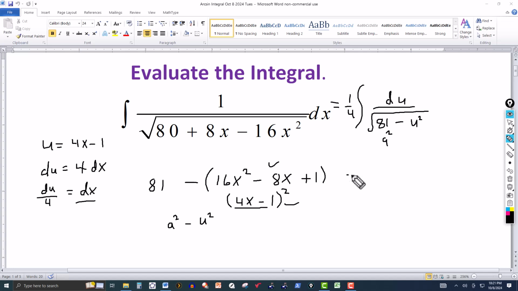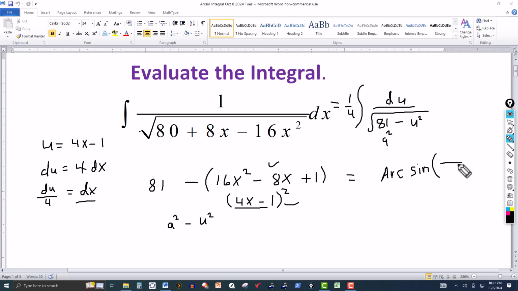Based on the formula then, this is going to equal the 1/4 there. We're just looking at this part right here. You can use sine inverse, or we can say arcsine of u over a.